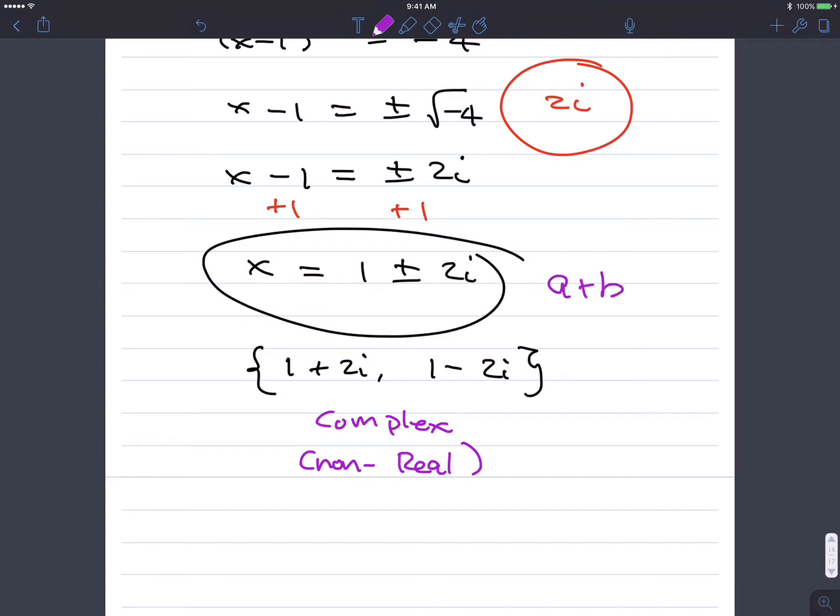They're the form a plus bi, if you guys recall that. And in this example, we got simply complex answers or complex numbers as a solution for x. And these are non-real numbers. So that was number 31. We now have to look at number 33.